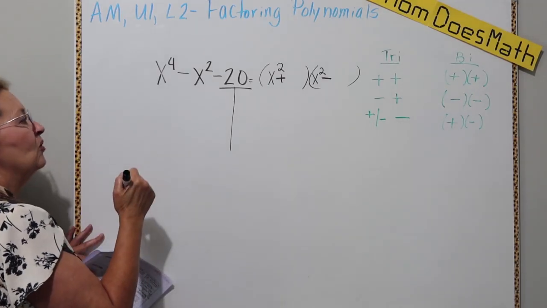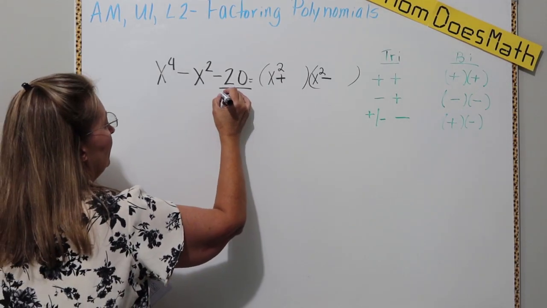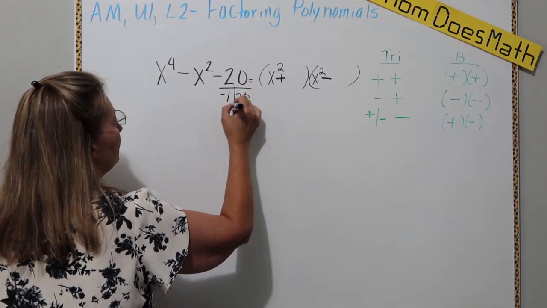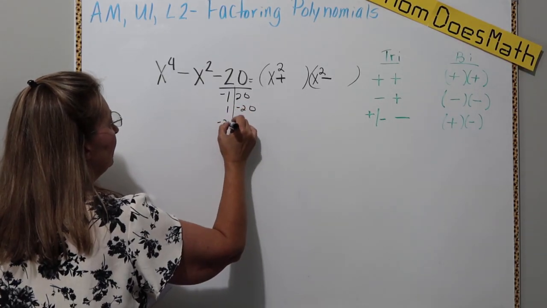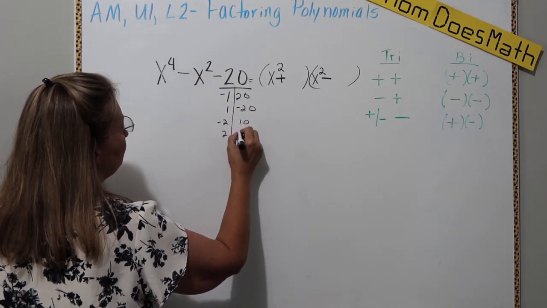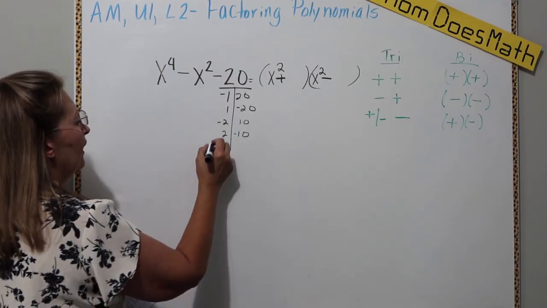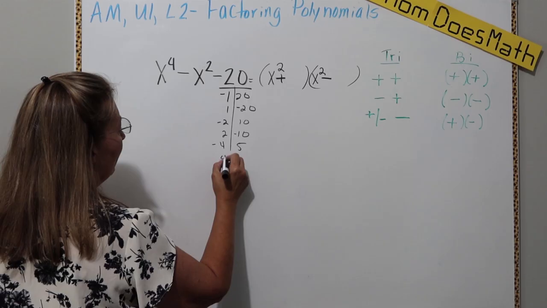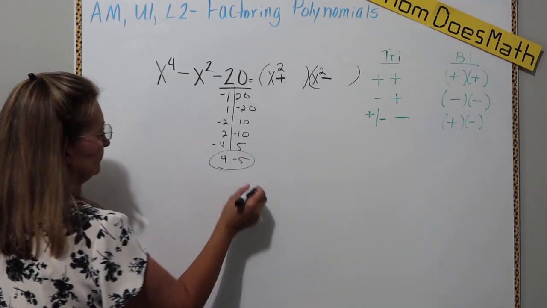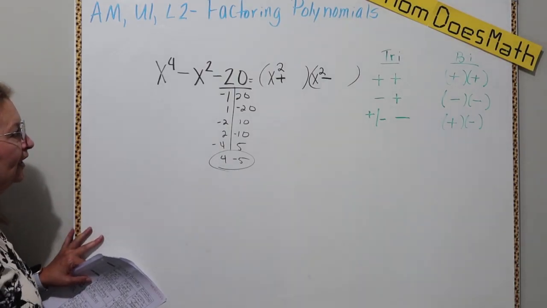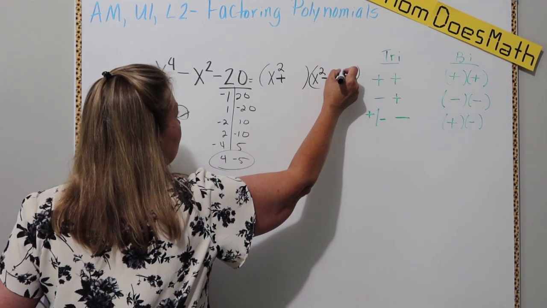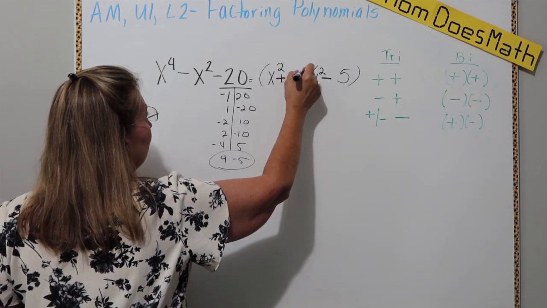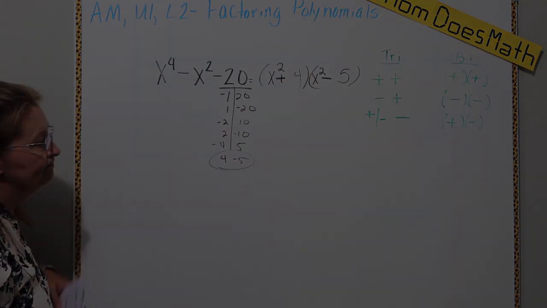It's understood to be 1. So, negative 1 times 20, 1 times negative 20, negative 2 times 10, 2 times negative 10, 3 won't go. Negative 4 times 5, or 4 times negative 5. So there's your winner right there, 4 and negative 5. So the 5 is going to go where the minus goes, and the 4 goes right there.